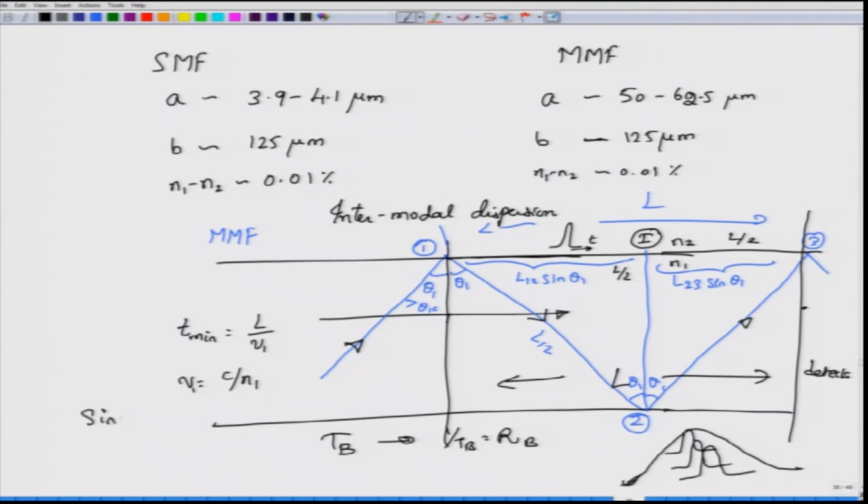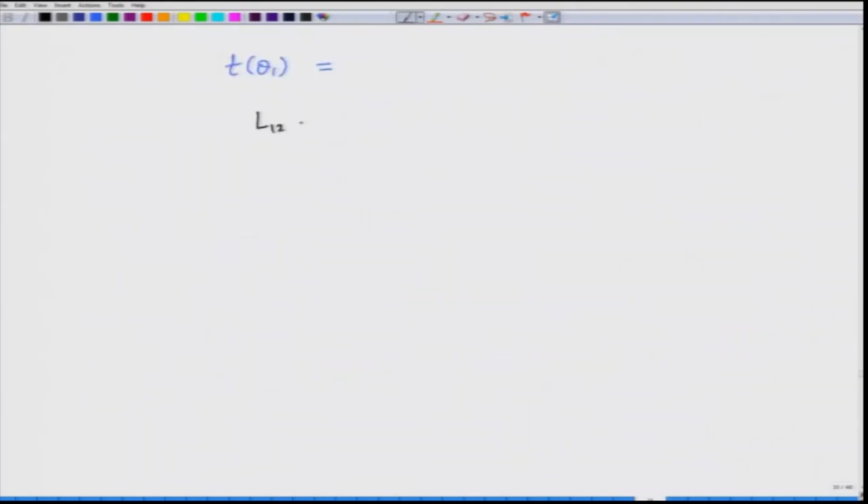From this triangle, sin theta 1 is given by L by 2 divided by L12. So L12 is L by 2 sin theta 1. Similarly, L23 will also be L by 2 sin theta 1. The total length of propagation, as a function of angle theta 1, is L by sin theta 1.